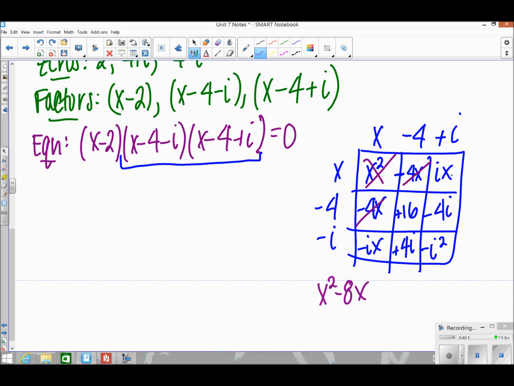And then I have an ix and a negative ix. So those are just going to cancel. I have a positive 4i and a minus 4i. So those are going to cancel. I have a plus 16. And then I have a minus i squared. And remember, i squared is equal to negative 1. So I'm going to go ahead and replace that with negative 1.